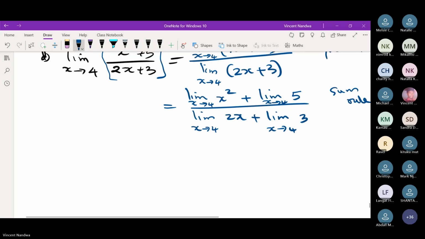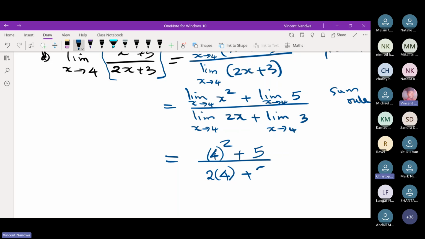So the numerator, the first limit will be 4 squared plus 5, because 5 is a constant, and in the denominator 2 times 4, then plus 3.